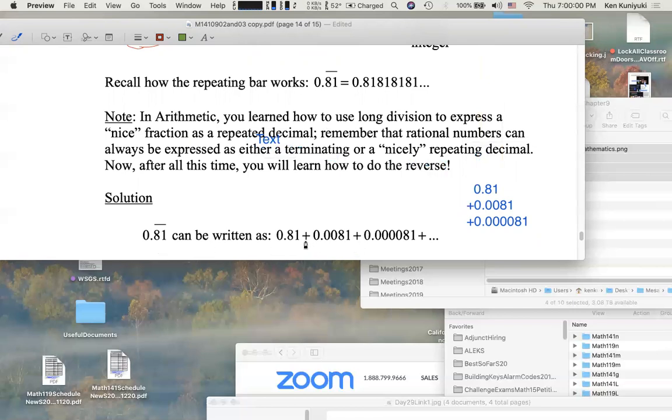This series has a property that the initial term is 0.81. Why is it a geometric series, and what's the common ratio? What do you do to get from here to here? You move the decimal point 2 places to the left. If you move the decimal point 2 places to the left, you're dividing by 100, which means you're multiplying by 1/100th or 0.01.